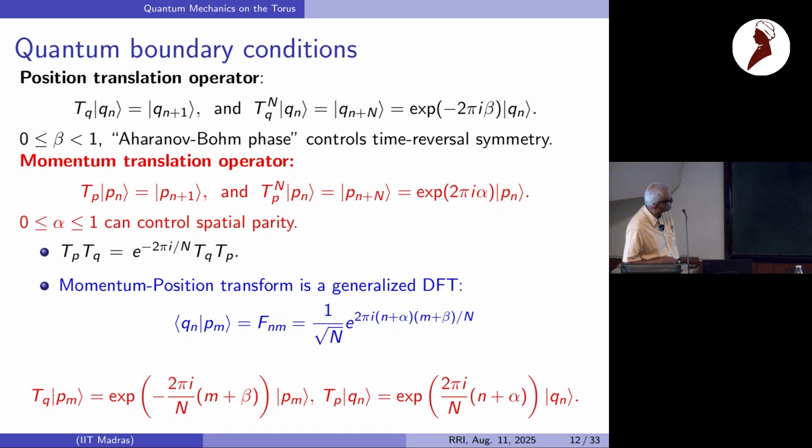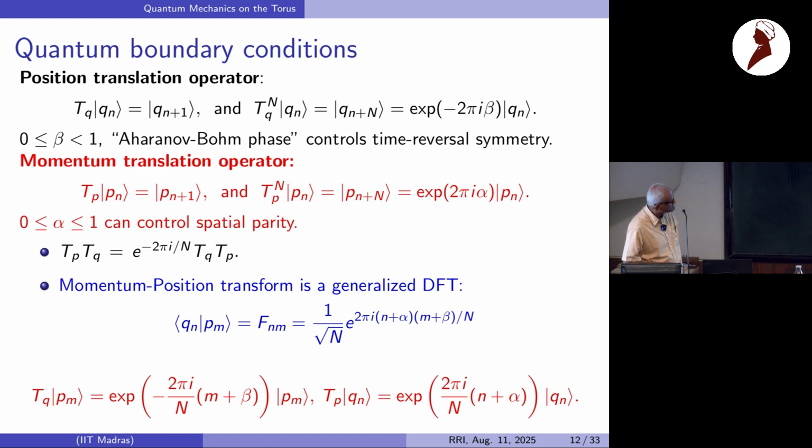The position-momentum transform is almost a discrete Fourier transform, except generalized to phases alpha and beta. The translation phase in position, beta, appears in the momentum quantum number, and alpha, from the momentum translation, appears in the position quantum number.